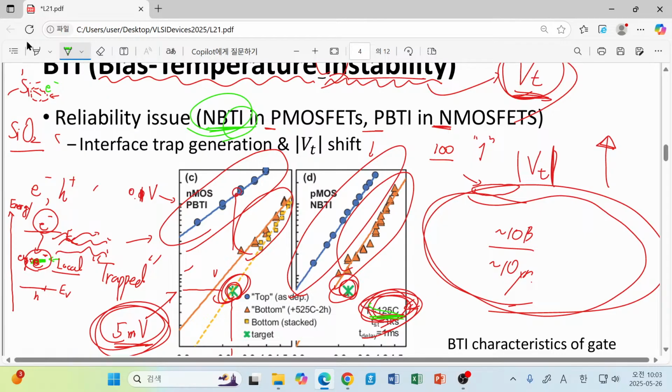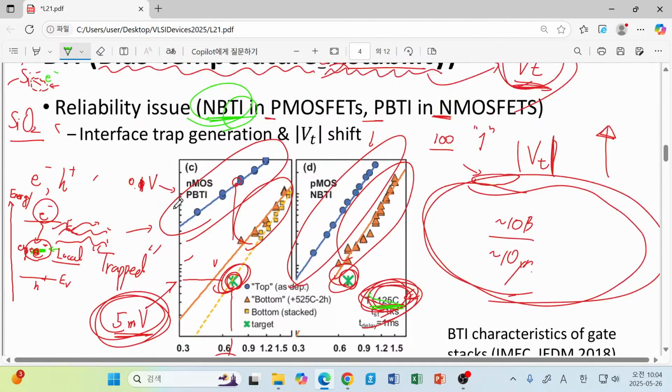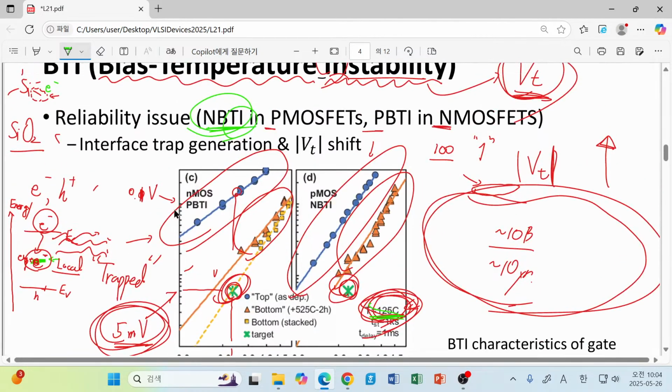And since other competing companies have the same problem, this is a little bit like an unsung hero in our VLSI industry.